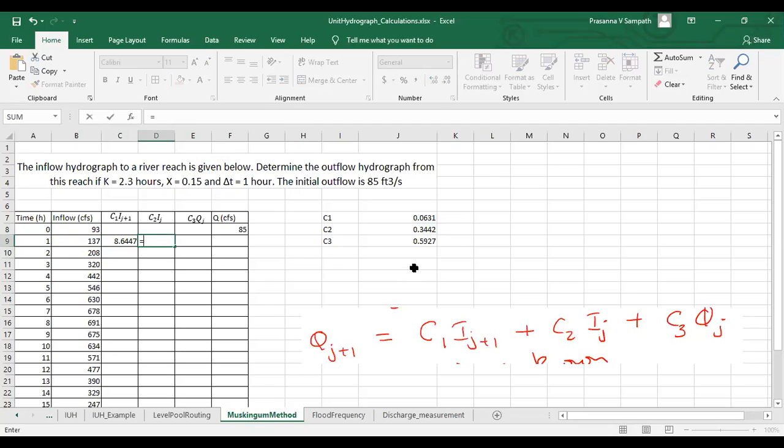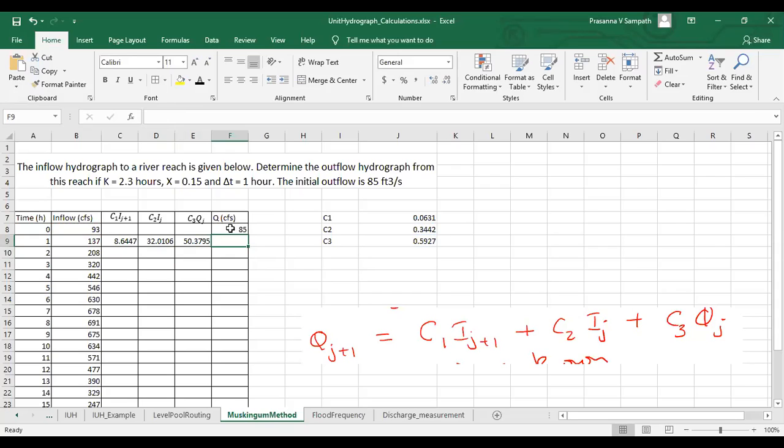So C2 will be this number, $J$8, multiplied by ij, which will be 93. So 32 point something. And then the last one will be C3 multiplied by qj, which is 85. I put that in, I get 50 point whatever.